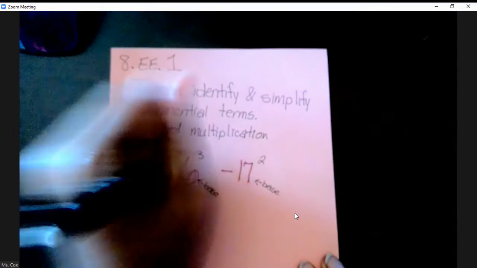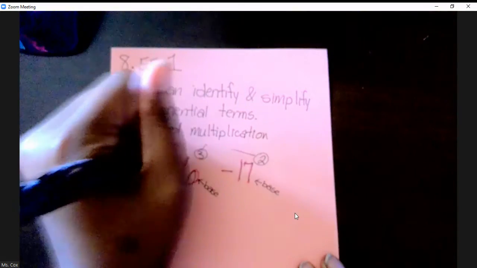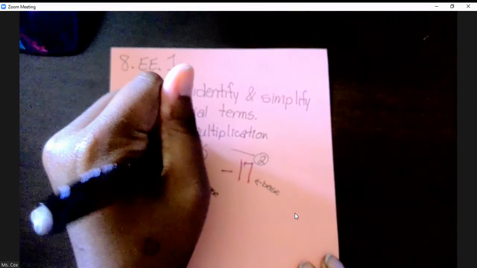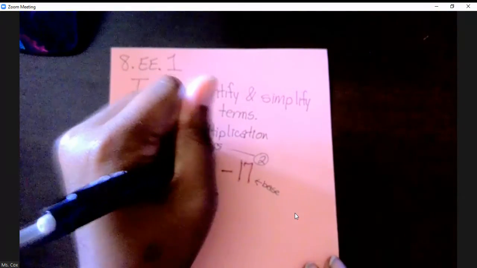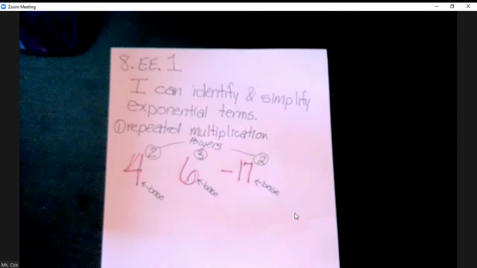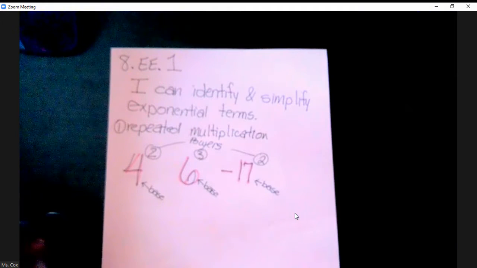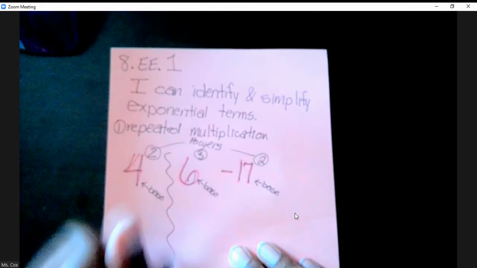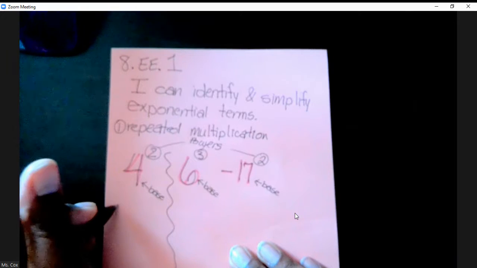And then these smaller numbers here that are up in the sky, these are your powers. So your base is on the bottom. The number in the sky up high is your power. And those tell you to do very specific things. So when you're working out simplifying these exponents, you want to start with your base.